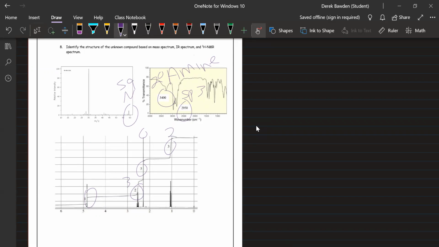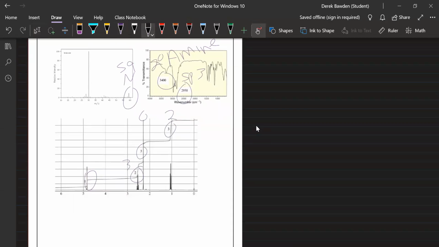Okay. All right, so we know we have a secondary amine. We know our mass is 59, and we have our HNMR. So let's go ahead and start with a carbon chain. So what do you think? Should we try 4 this time? Oh, let's see. That might be too many still. 3. Let's try 3. So let's try that.